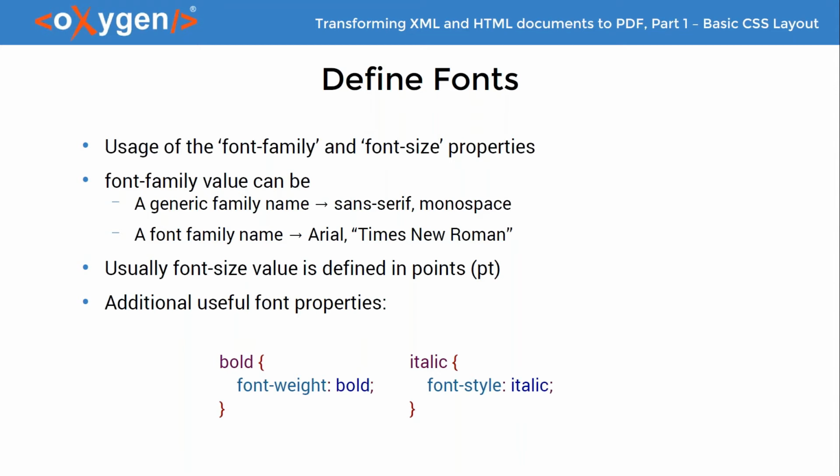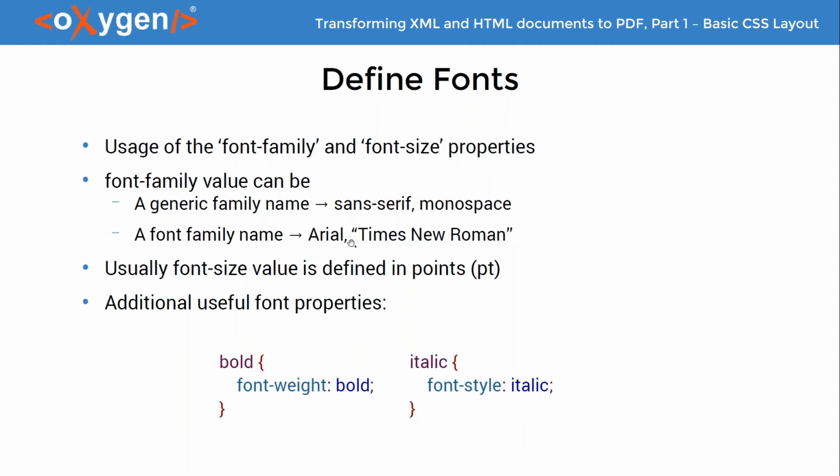Or you can use directly a font family name, the font you all know from, for example, Microsoft Office or your browser. You may have seen that there are plenty of fonts depending on your platform.